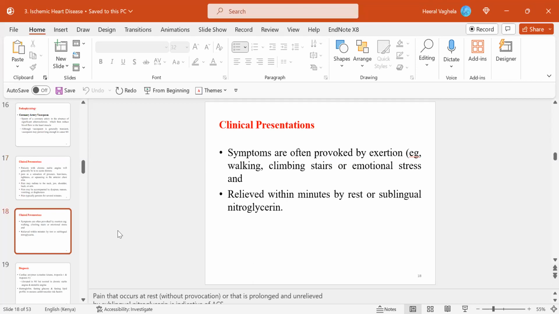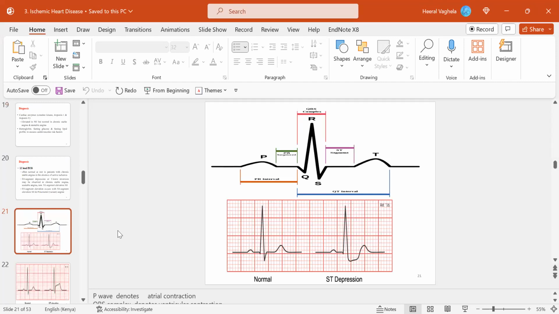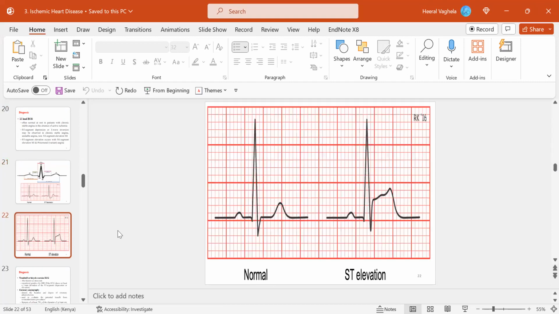For diagnosis, mostly you do a 12-lead ECG to see the PQRST, how they look. Either there's ST depression or elevation, but these you mostly see in myocardial infarction.